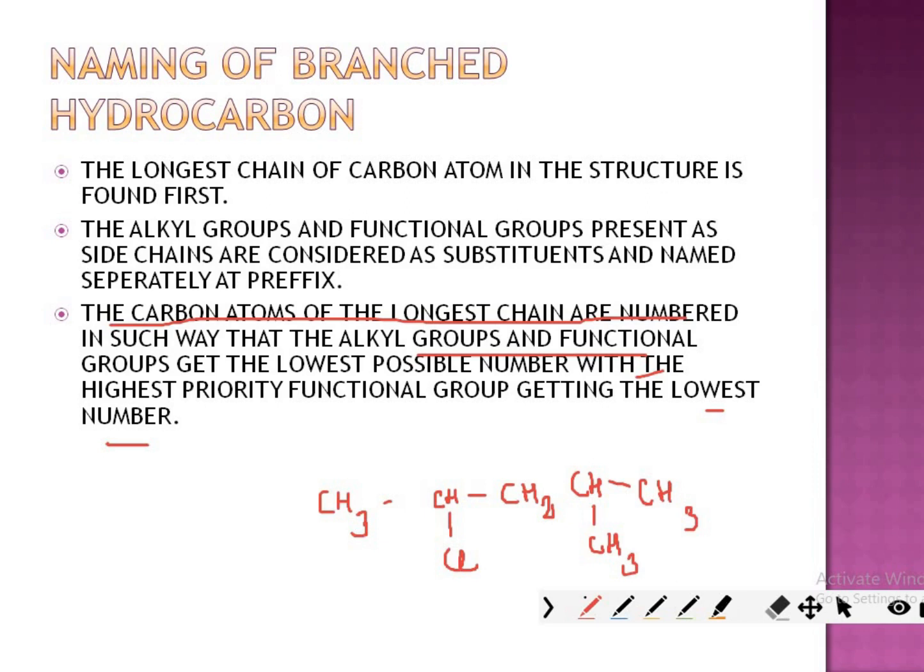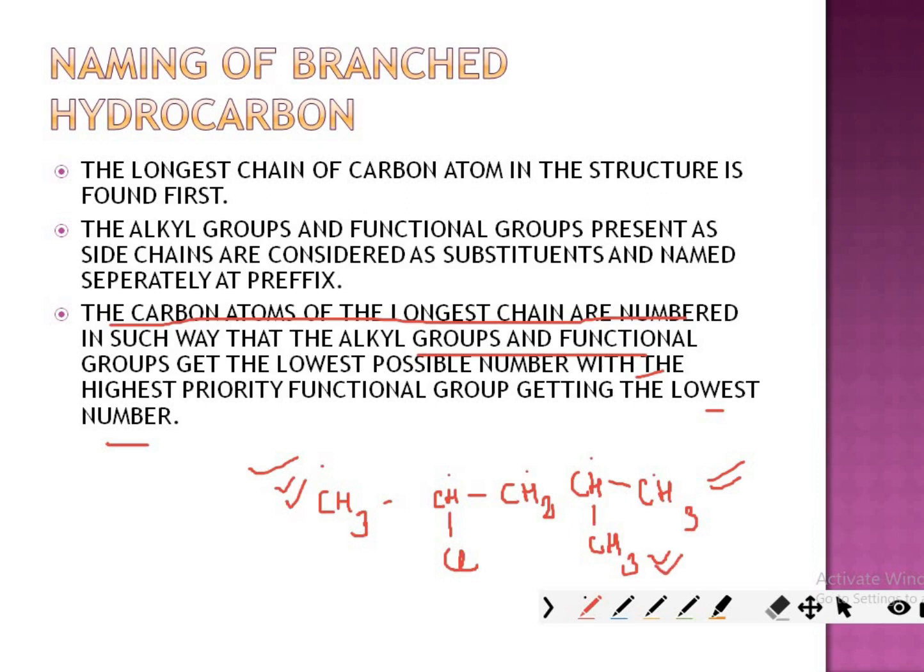First we will identify the longest chain. We have 3 ends here, 1, 2 and 3, right? So if we choose this chain from this end to this end, how many carbons are there? 1, 2, 3, 4, 5, right?